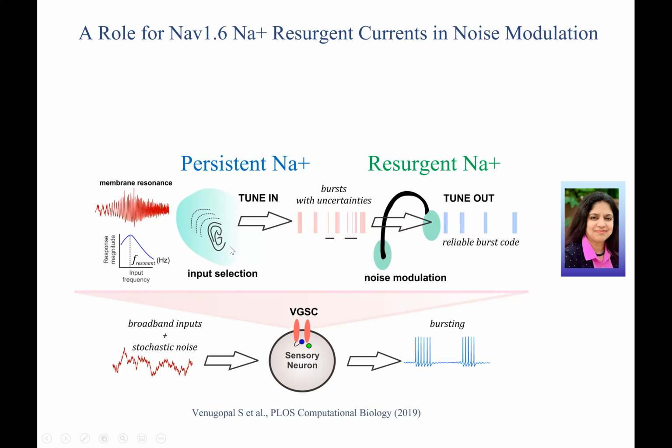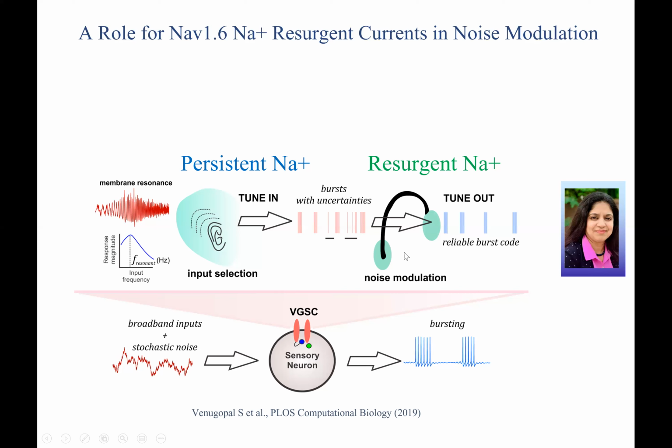Since these are sensory neurons, they have to be selective to the type of frequencies of the inputs that they have to choose from. So this basically helped the neuron tune in to the right kind of frequencies. And then this other component helped eliminate some of the noisiness in those encoded bursts of activity.